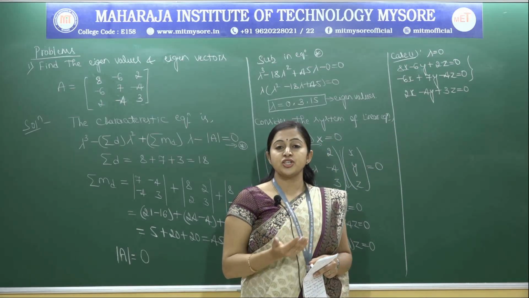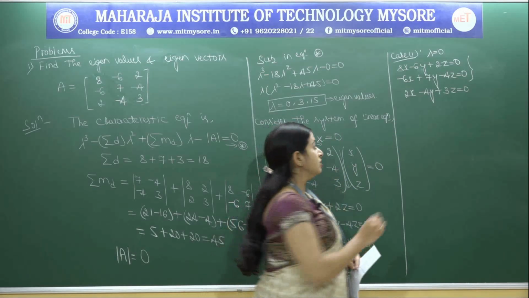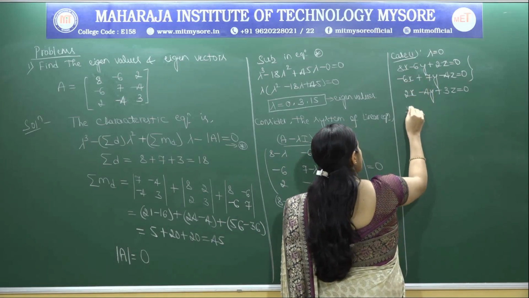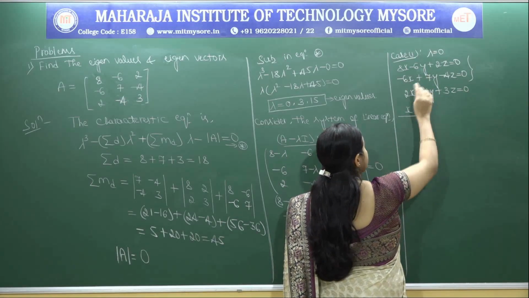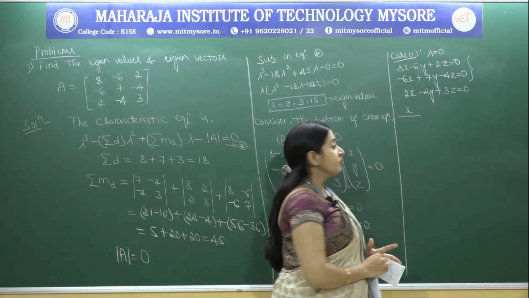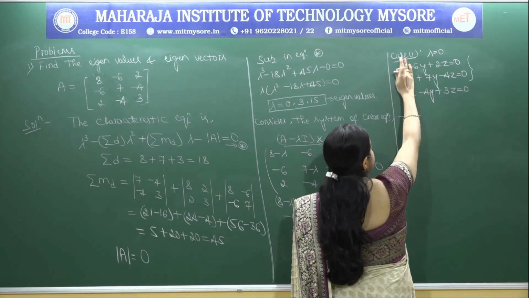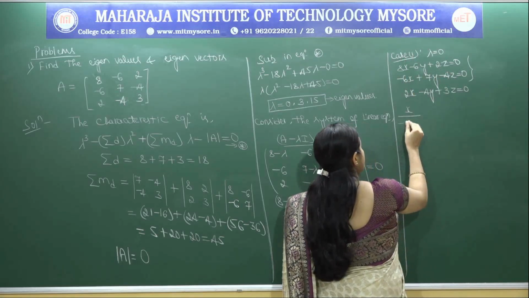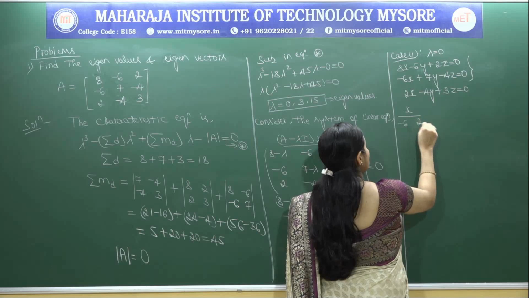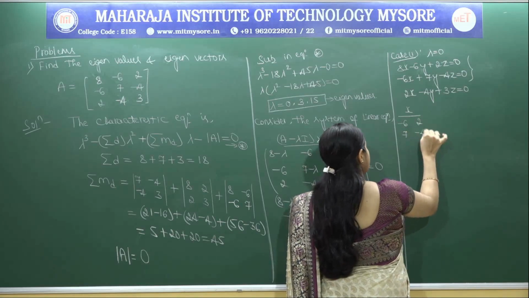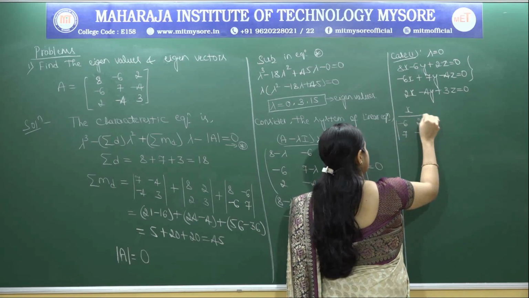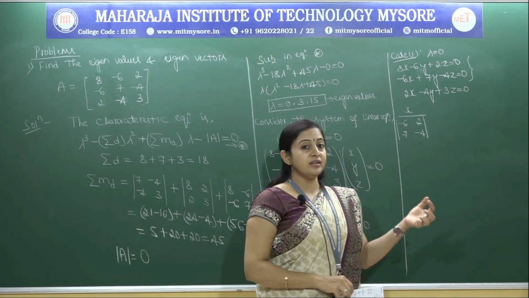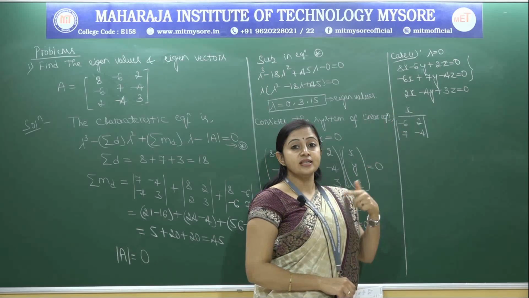On cross multiplication, you will get the corresponding eigenvector. I will tell you the procedure. First I consider these two. Write the x variable; for x, except this column, you have to write the determinant of the remaining terms: minus 6, 2, 7 and minus 4. Using the cross multiplication method I find the x, y and z values.